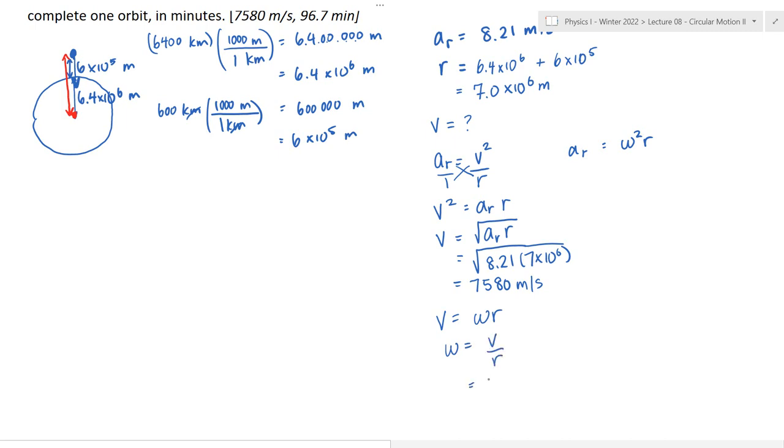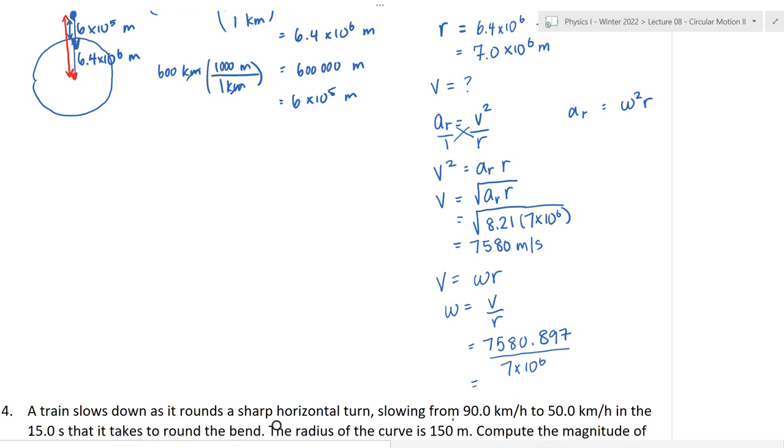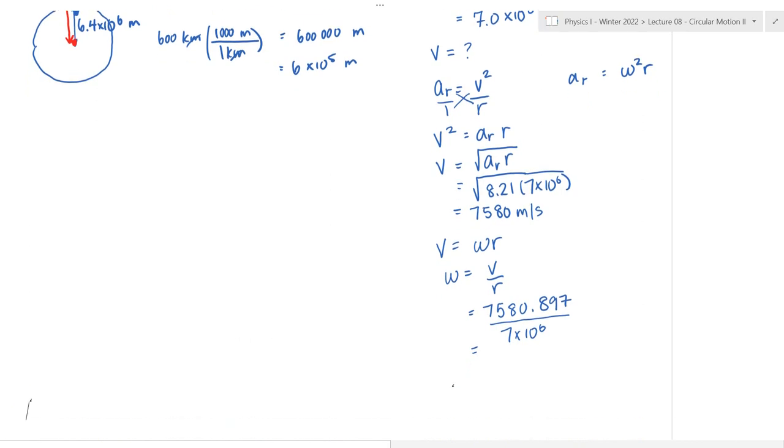So I have my V, and I'm going to put in more digits this time, 7580.897 over R, and our R is 7 times 10 to the 6. Okay, so I'm going to type this up.